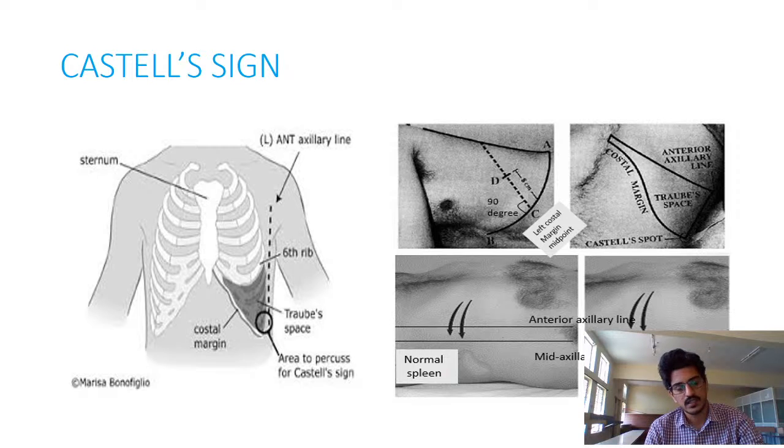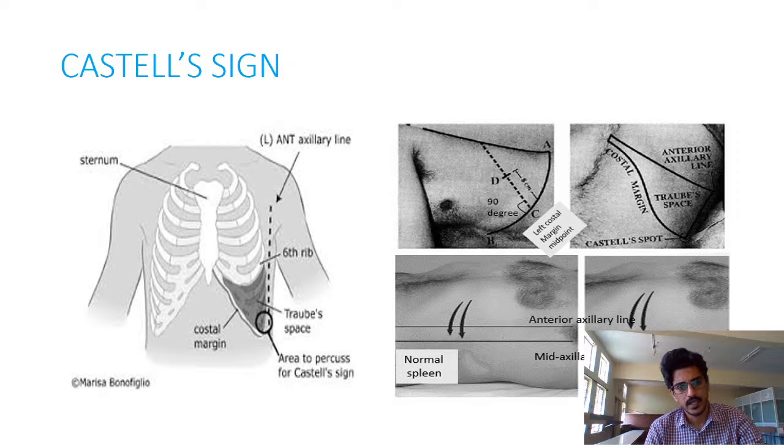The point of intersection of the last intercostal space and the left anterior axillary line is Castell's point, where you percuss. If it is resonant it's normal, and if you feel a dull note, it is called splenomegaly.